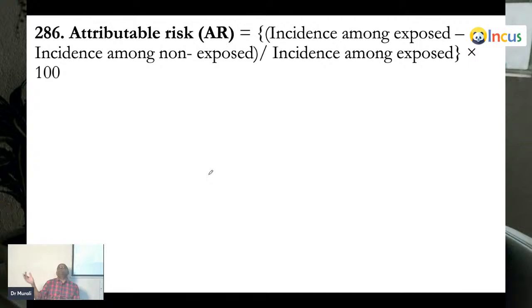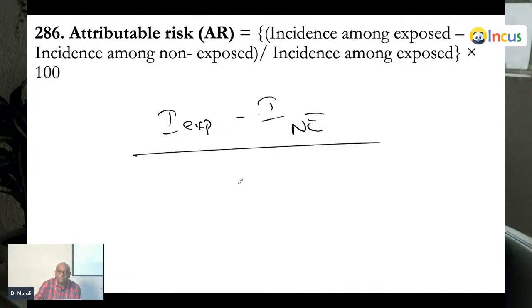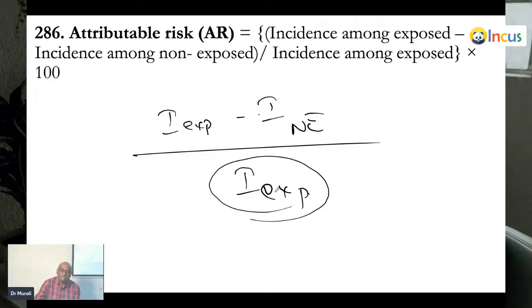Then what is the attributable risk? Incidence among exposed minus incidence among non-exposed divided by incidence among exposed. Understand? So, that will give you attributable risk.